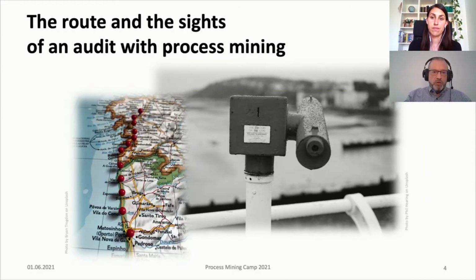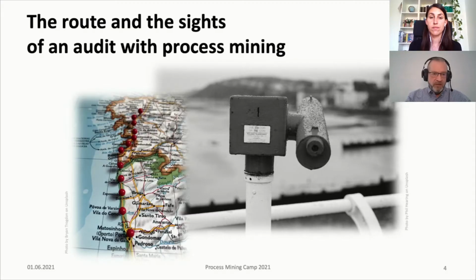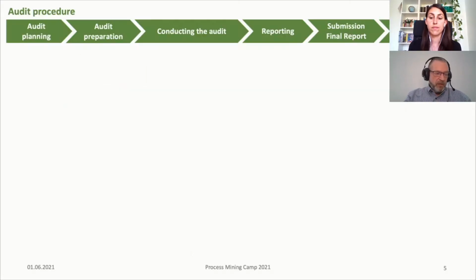What we want to show is our process mining project. We called it the route and the sites of our audit with process mining, and we'll give you an overview with these few points and stops of this audit, and give you an insight into what we have done.